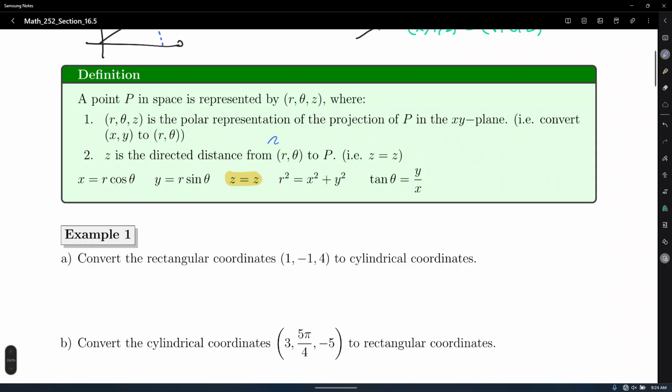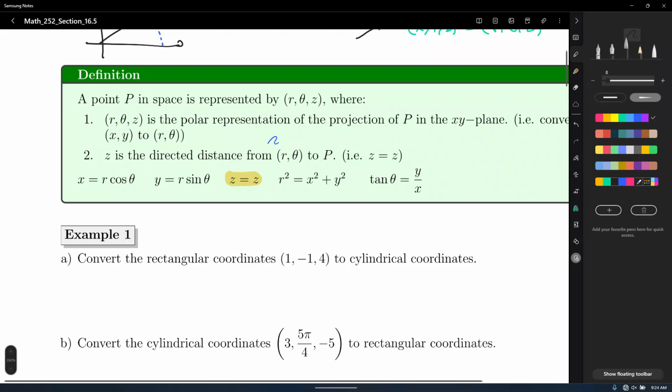Okay, so let's convert the rectangular coordinate point 1, -1, 4 to cylindrical. Ignore the z coordinate for now and just focus on the xy. Let me graph the point on the xy plane. That is 1, -1. So that's the point.